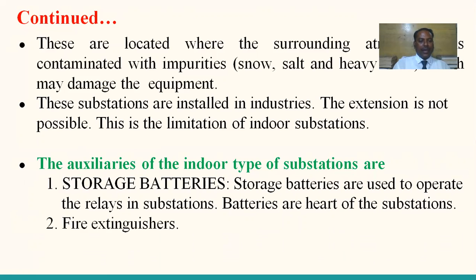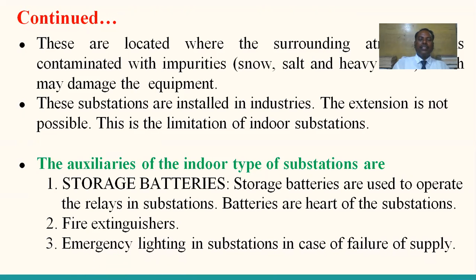And the second one is fire extinguishers. Fire extinguishers, in the sense that if the load increases drastically, there may be a chance of a cable burning or a fire happening. So fire extinguishers are the protection for indoor substations. And emergency lighting in the substation in case of supply failure is also essential.